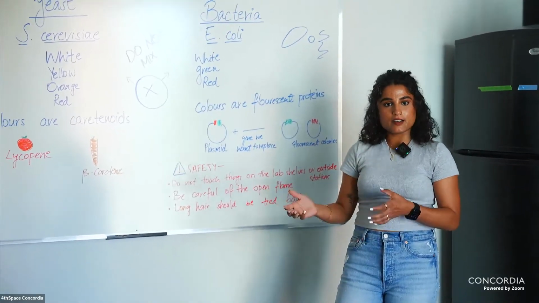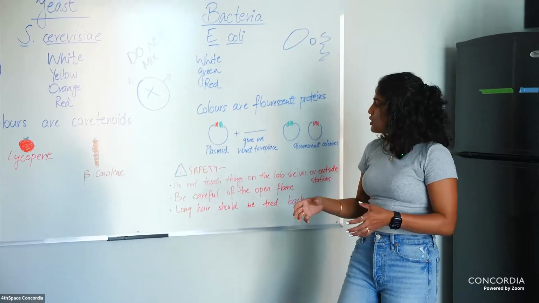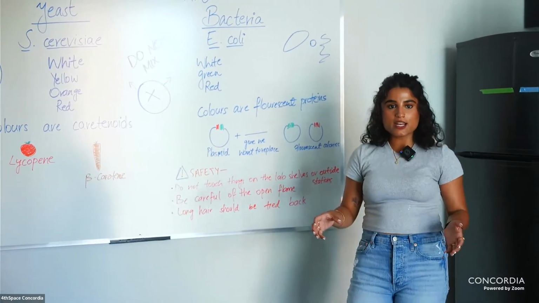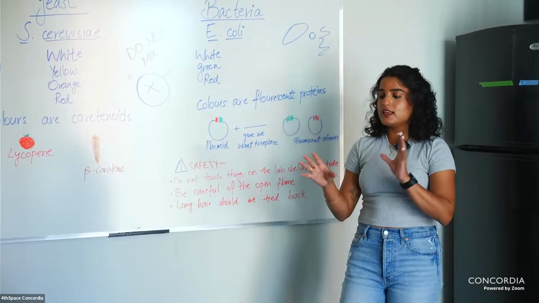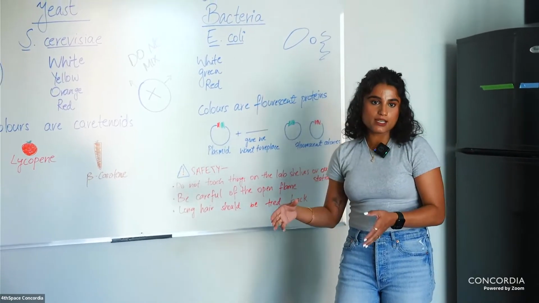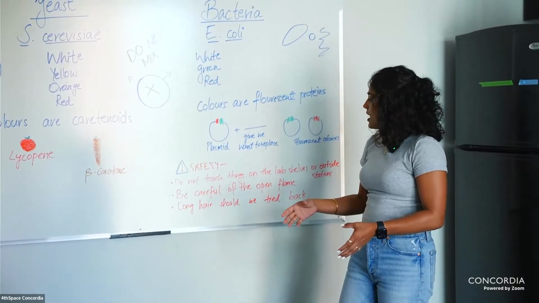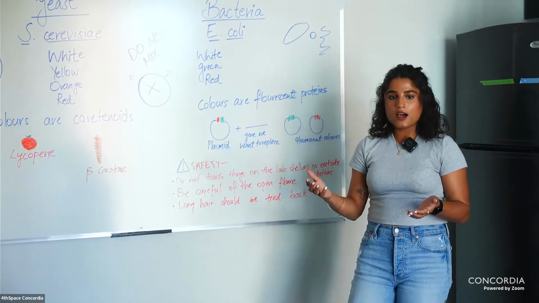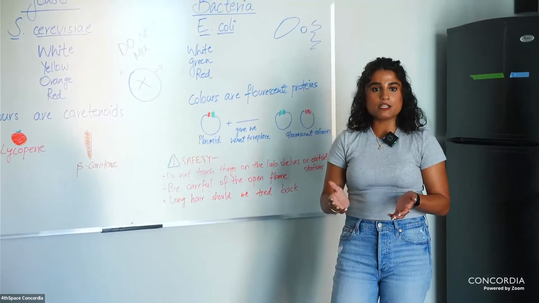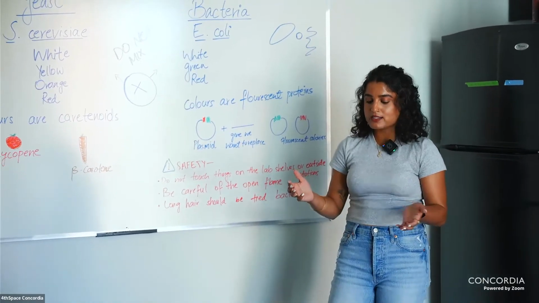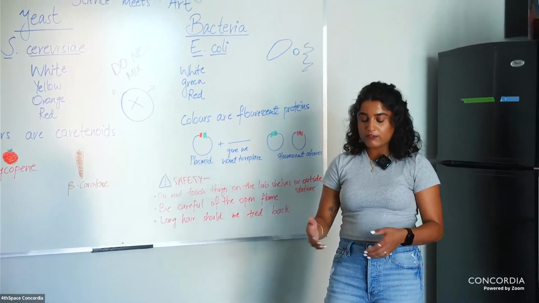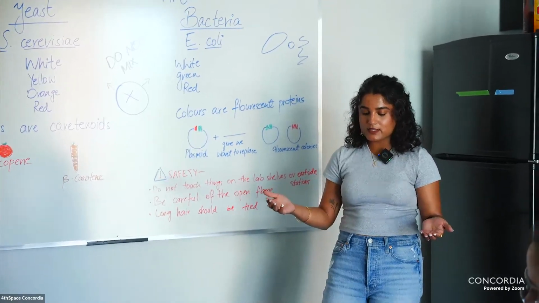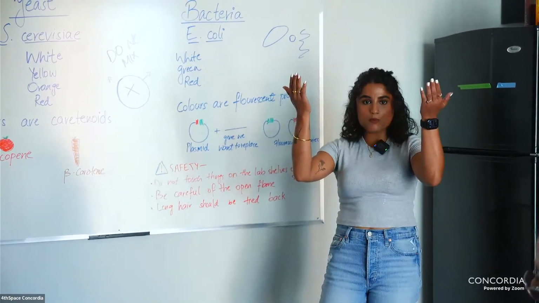Some of the safety measures when working in the lab: since this is a working lab, people are still conducting their experiments in the lab as we speak. So make sure you don't touch anything on the shelves or anything that was not on your working station that was told to you to touch. You will be working with an open flame to provide a sterile environment while you're working, because the flame keeps the air rising upwards.